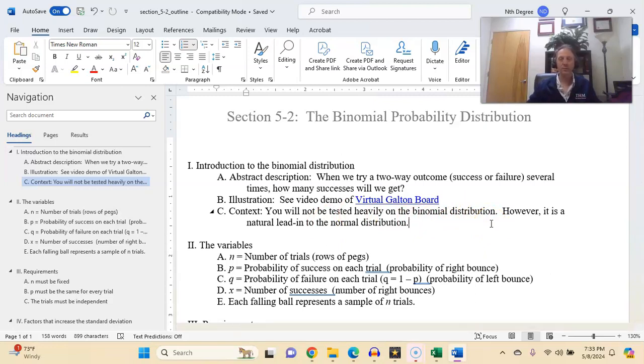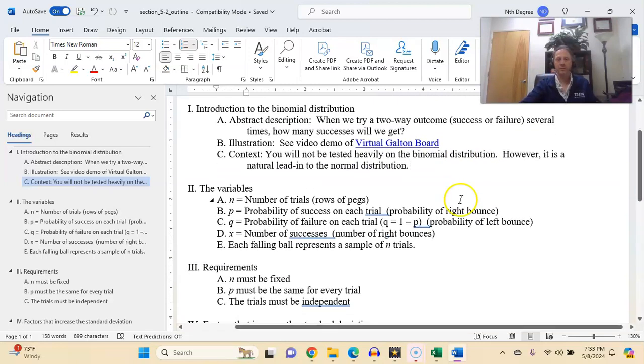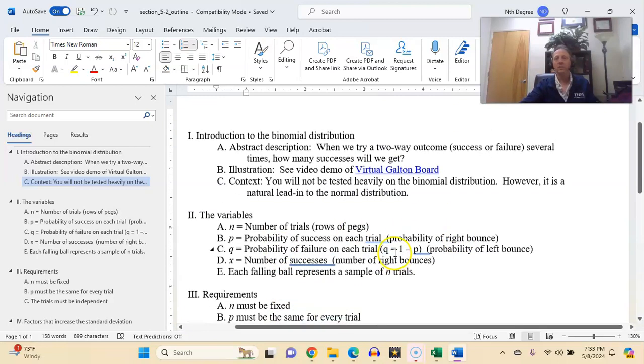I was kind of surprised by that when I started teaching this class, because in a normal stats class, this topic gets pretty heavy. There are formulas for the number of successes. There are formulas for the mean and the standard deviation. There are tables that you can use to look up. But none of that is tested in this class. There is a little bit that's tested, and we'll go over that below.